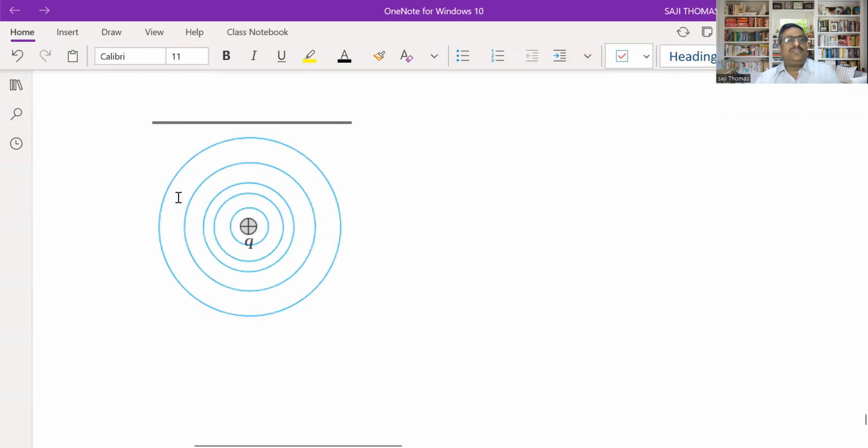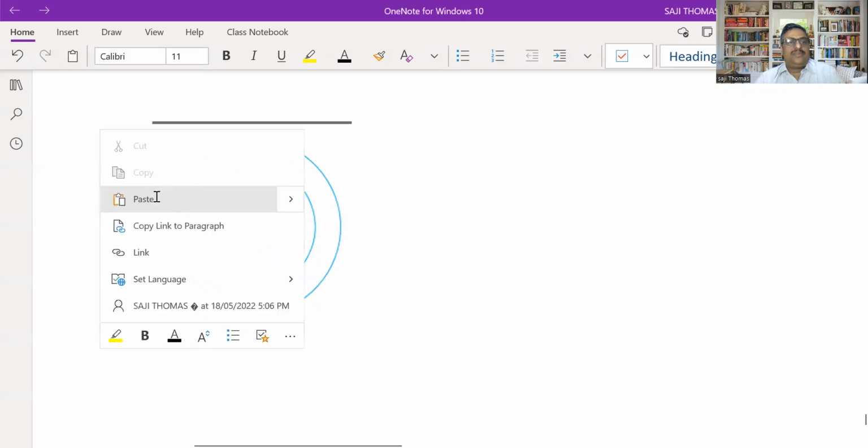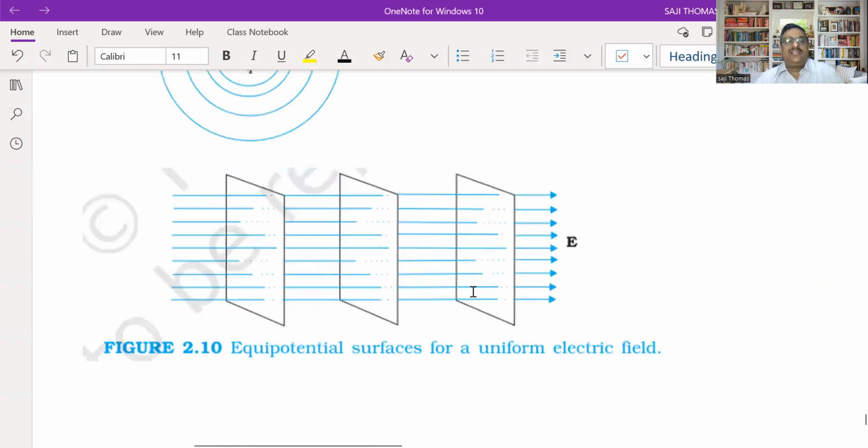This is the equipotential surface for a point charge, spherical surface. And we have drawn the equipotential surface for a uniform electric field. For a uniform electric field, equipotential surfaces are plane surfaces, parallel planes. So these planes are the equipotential surfaces for a uniform electric field.